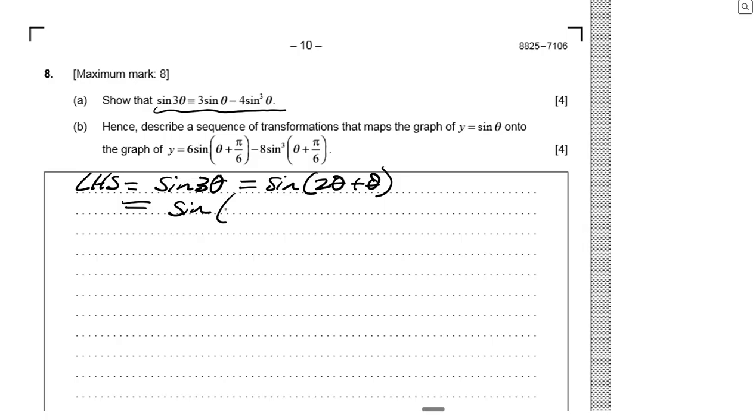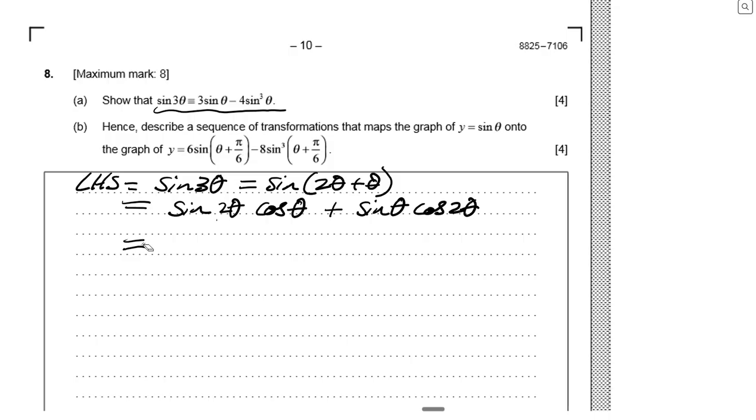And then what we have is sine 2 theta cos theta, plus, sorry, it's plus, cos 2 theta sine theta.